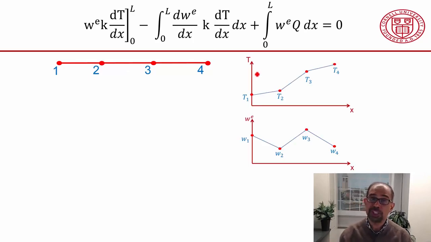And we have the assumed shapes for the temperature and for the weighting function. And we want to satisfy this equation for these shapes.